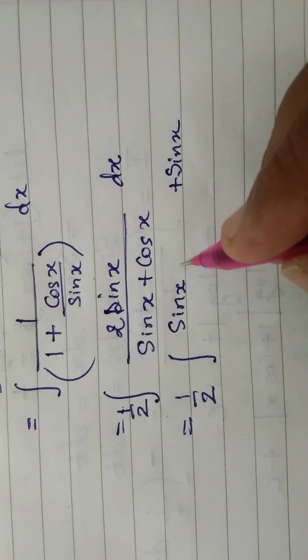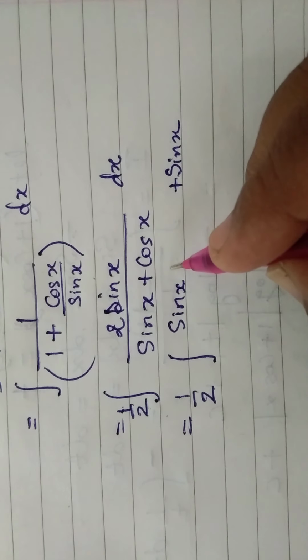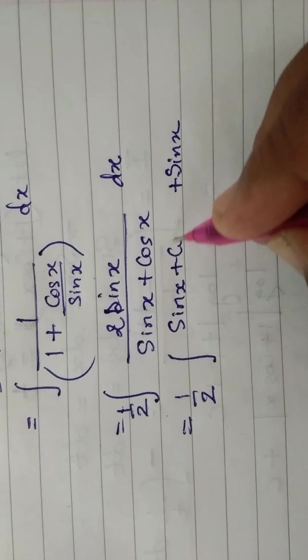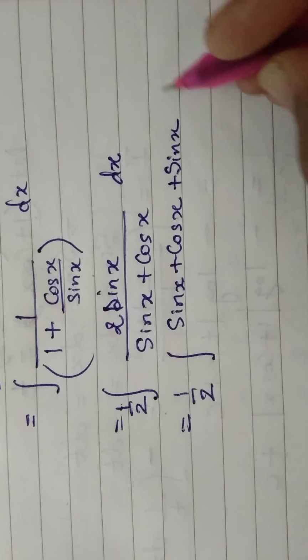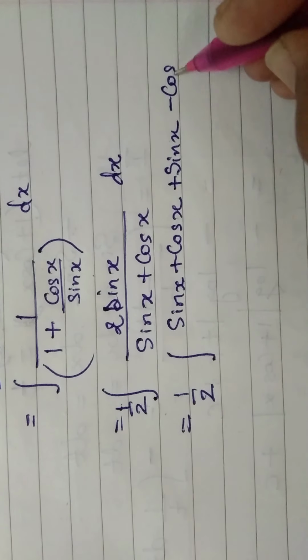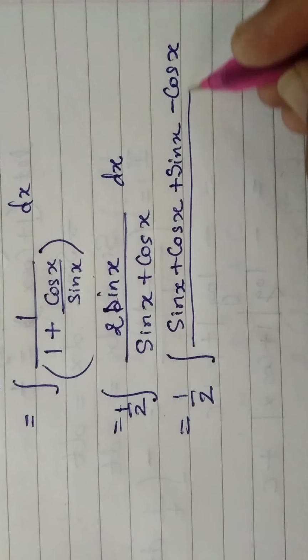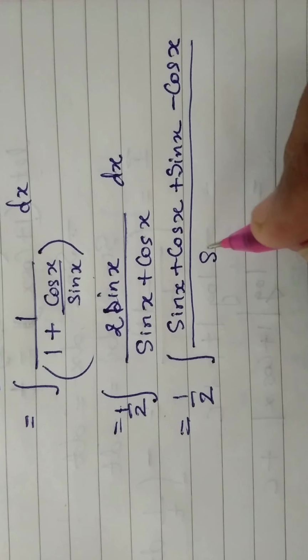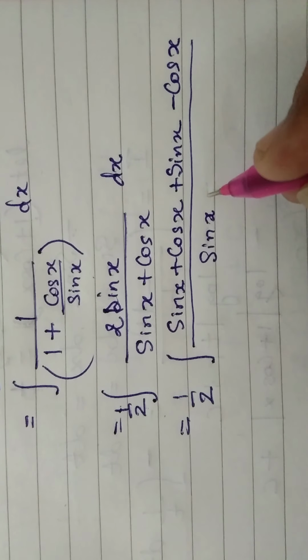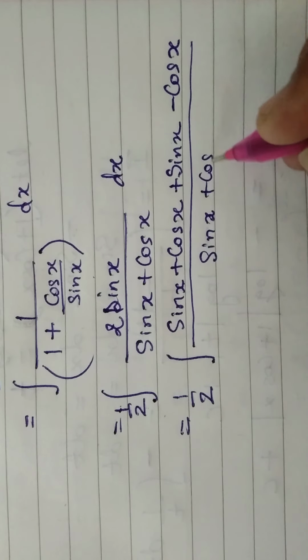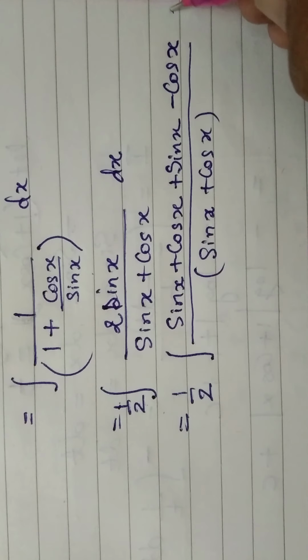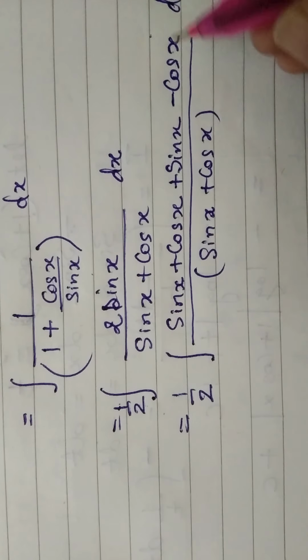Now for still further easy simplification, I would add cos of x and I would subtract cos of x, and the whole thing upon, as usual I had taken the LCM, so sin x plus cos of x and dx outside the bracket.